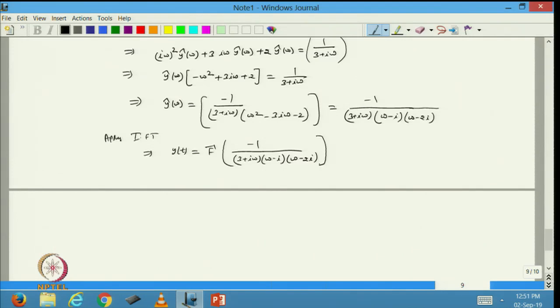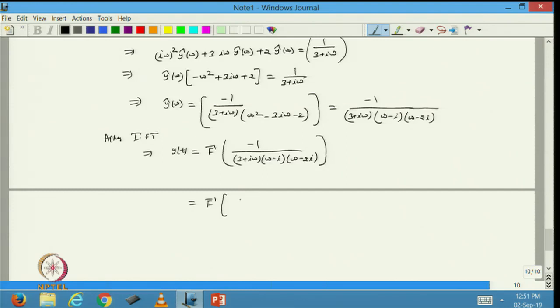So, now in the same way, with the help of partial fractions, I can simplify this function. So, if I take the partial fraction of this expression, then I will get this value.